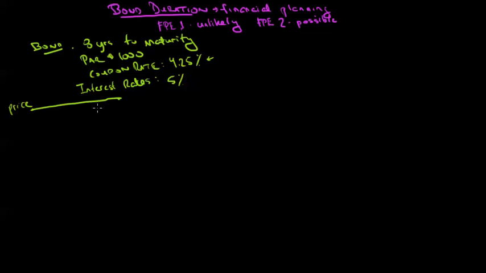I know that along the way I'm going to have 2 payments per year. I know that each of those payments is going to be based on $1,000 times 4.25% divided by 2, and I know I'm going to get $1,000 at the end here, and I know that I'm working in a 5% interest rate environment.